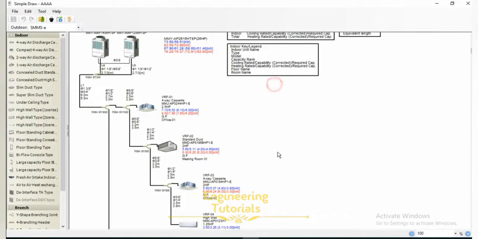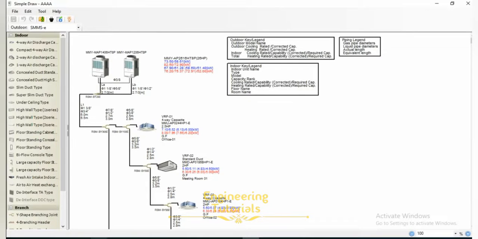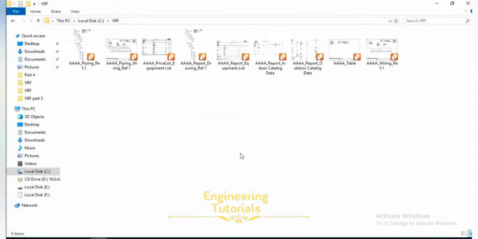So let's move back to our software. If you remember, I made PDF files in my last video to interpret the data. I'm gonna open this table.